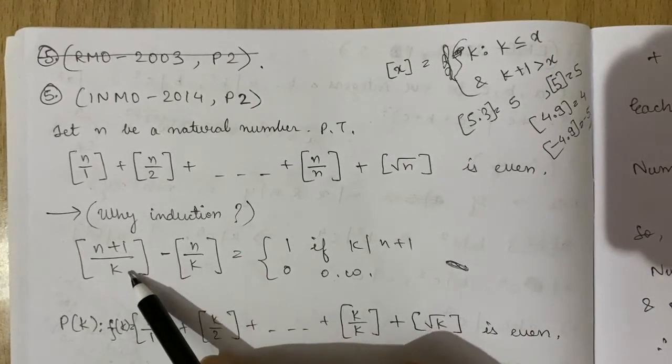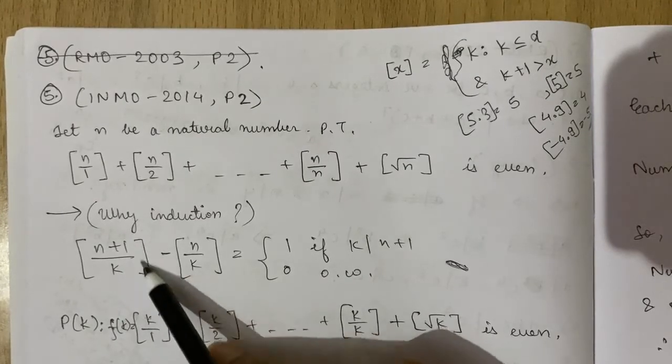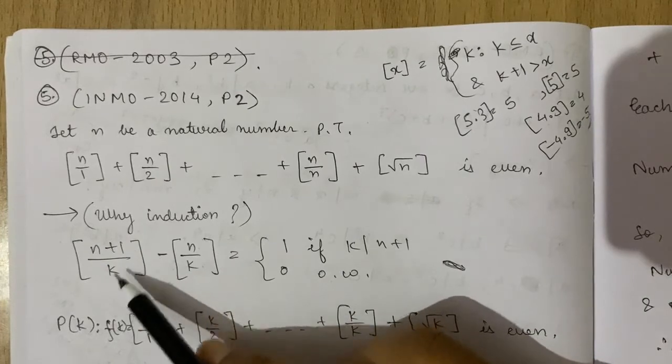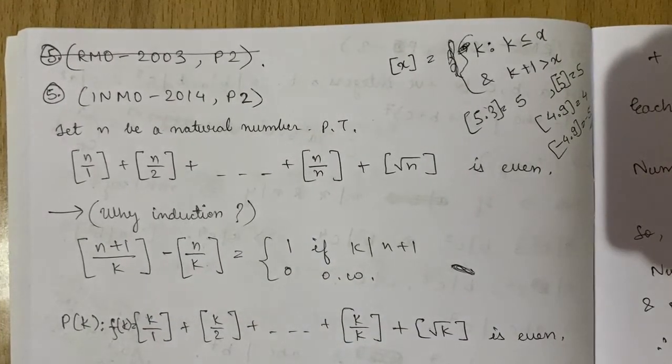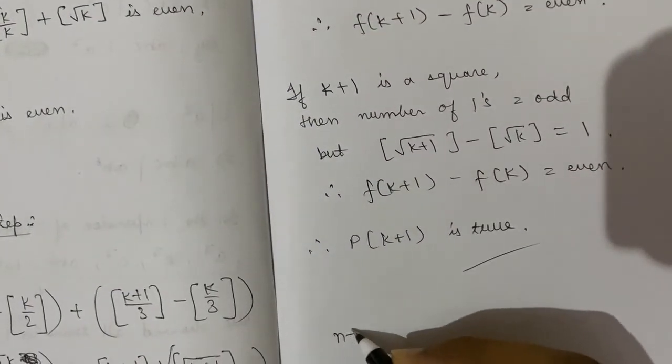To understand this, let's consider this. I have (n plus 1) by k.